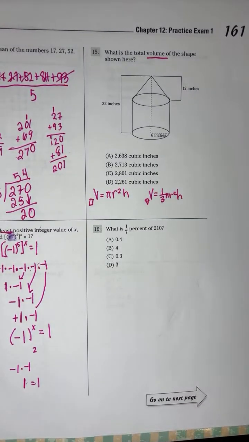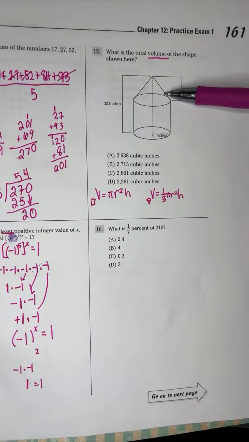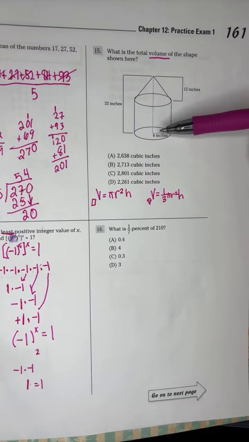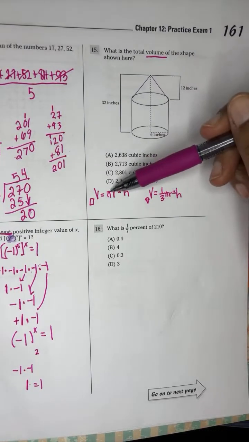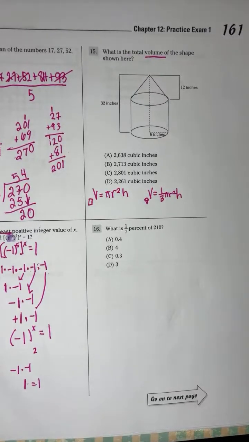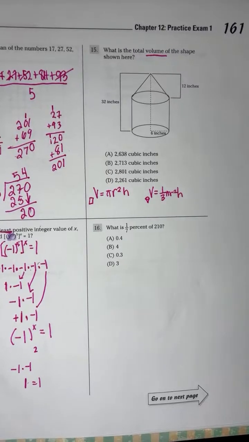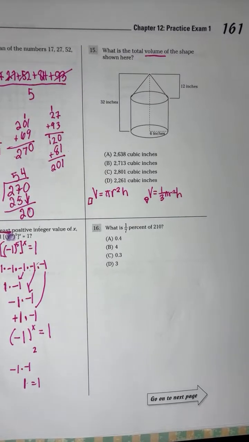So now that we know that, now we have to look at our picture. Okay, if we're just focusing on this cylinder here, they give us a 6. Does anybody know what this 6 represents in this formula? Does anybody know?